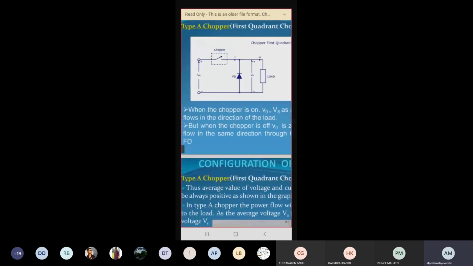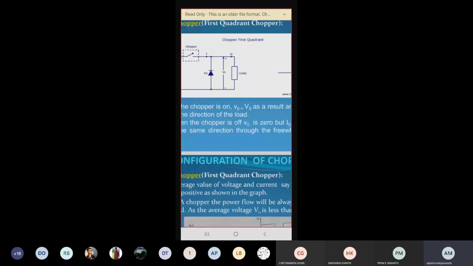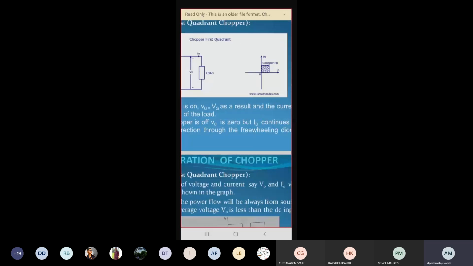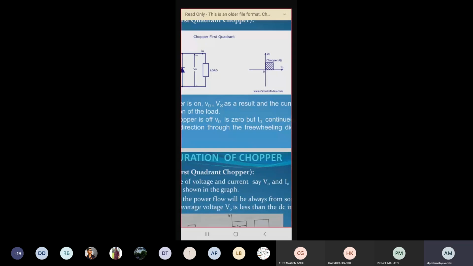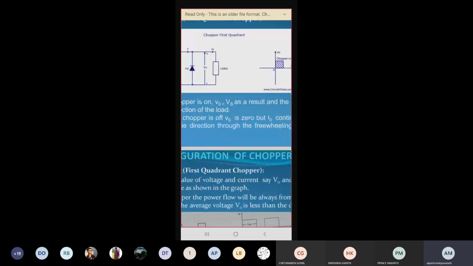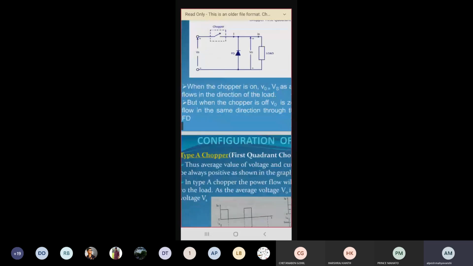Okay, so that's why this chopper operates in the first quadrant, because output voltage is positive as well as output current is also positive. Hence the average value of voltage and current, say V0 and I0, will remain positive.